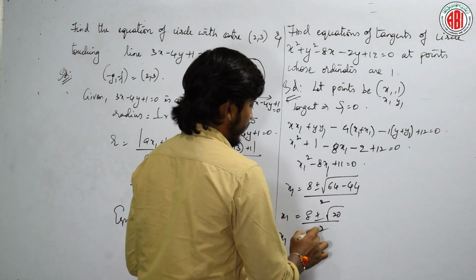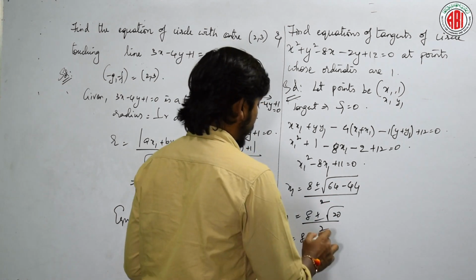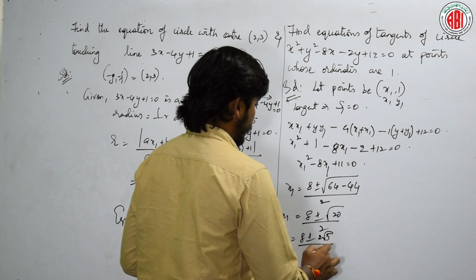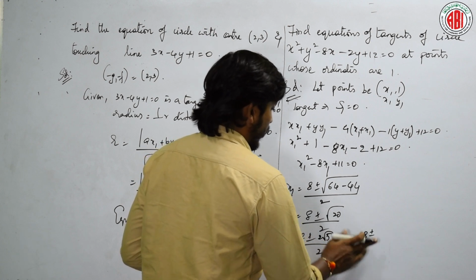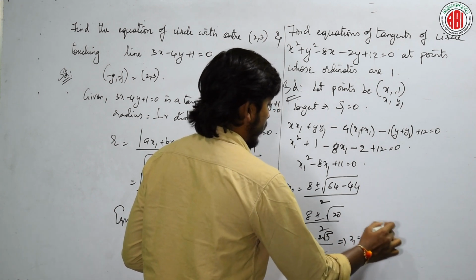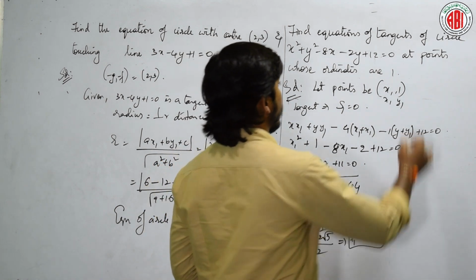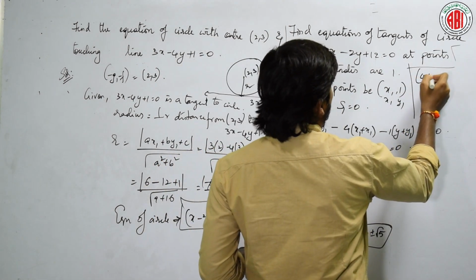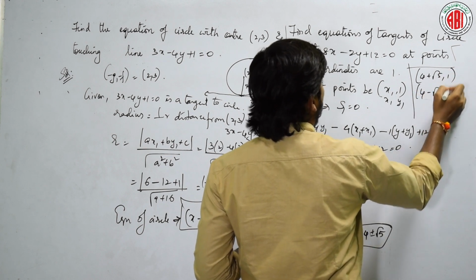So, 8 plus or minus root 20, and root 20 can be written as 2 root 5. So, taking 2 common, I will get x1 as 4 plus or minus root 5. Is it right? So, my points will be 4 plus root 5 comma 1 and 4 minus root 5 comma 1.